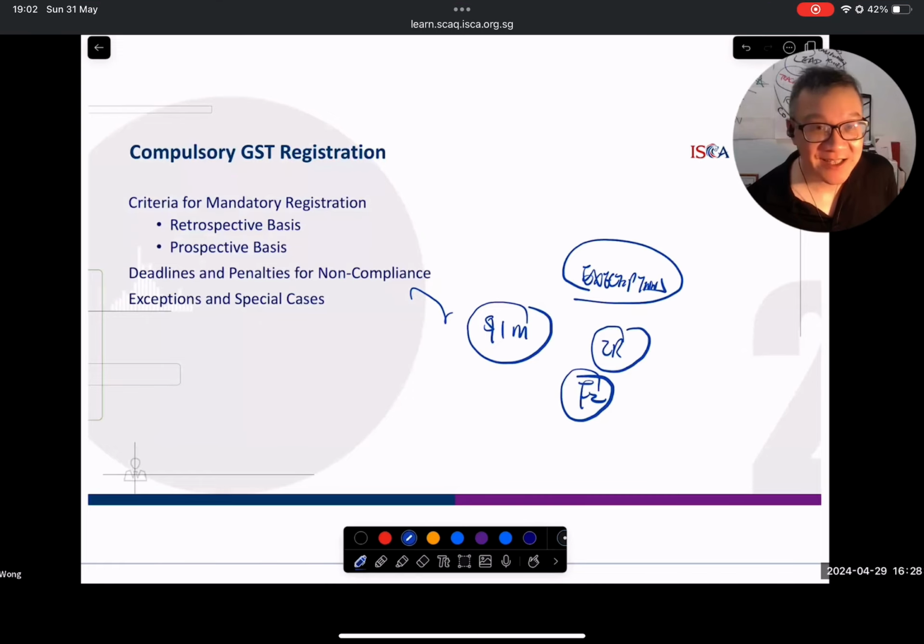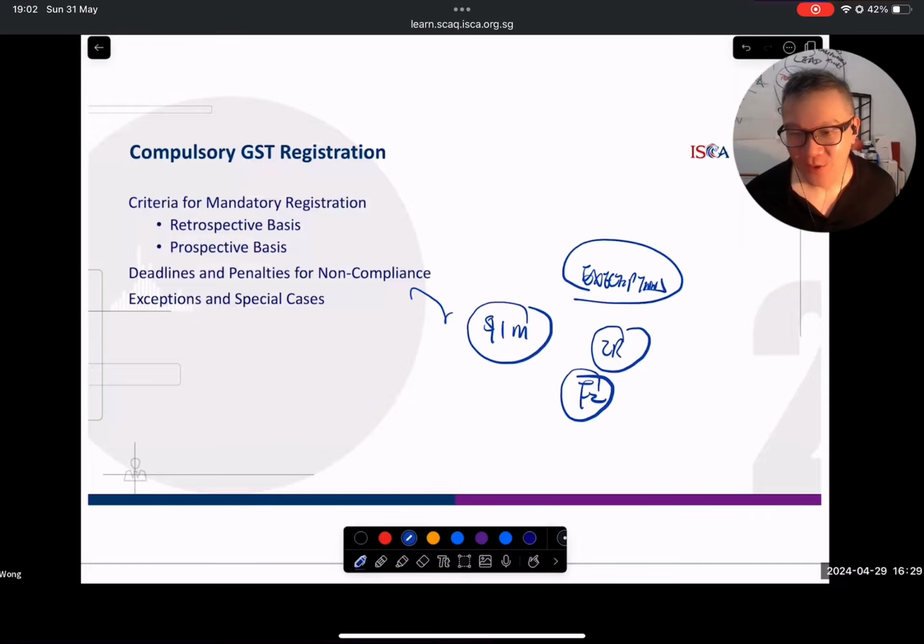F2 is the GST registration exemption. It means that even though your revenue, your taxable turnover, exceeded $1 million, you are exempted from GST registration. Of course, that comes with certain responsibilities plus drawbacks if you decide to go for the F2 exemption. Okay, so just take note of that.